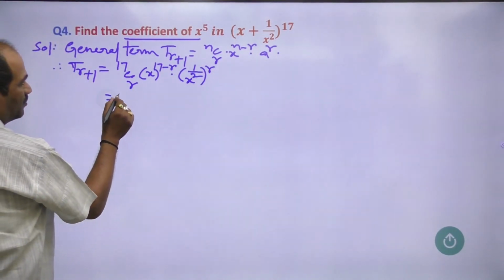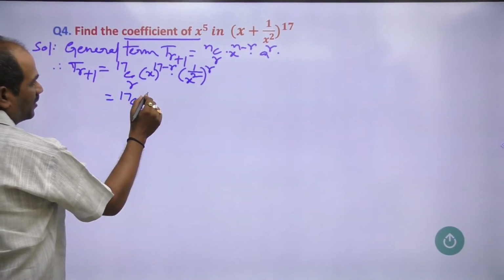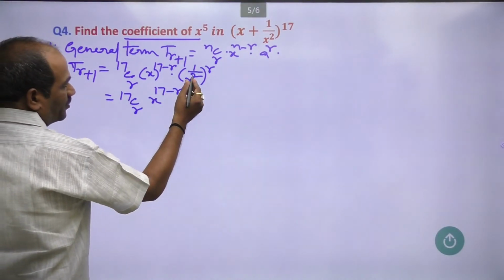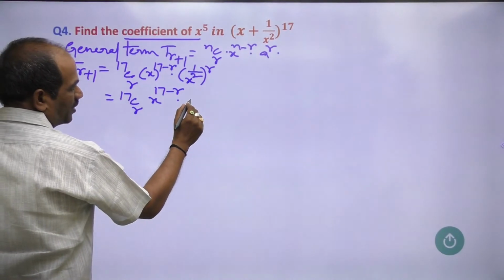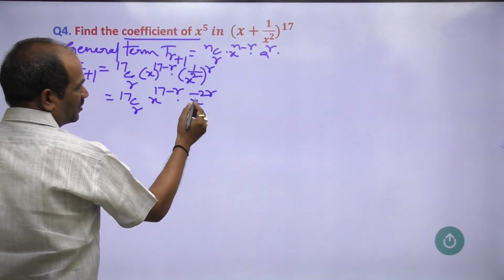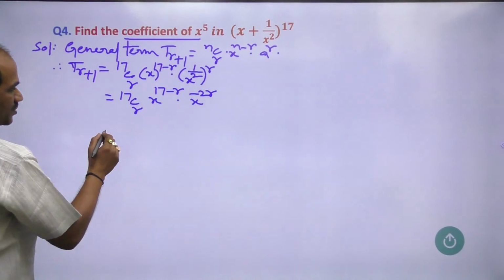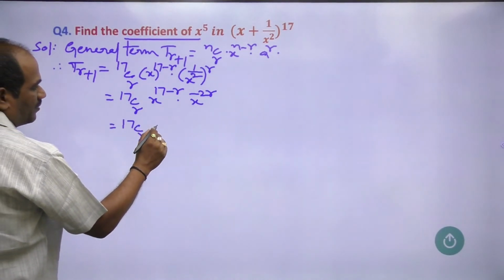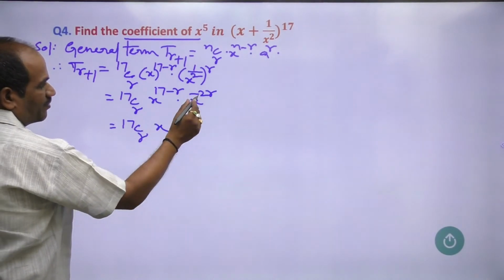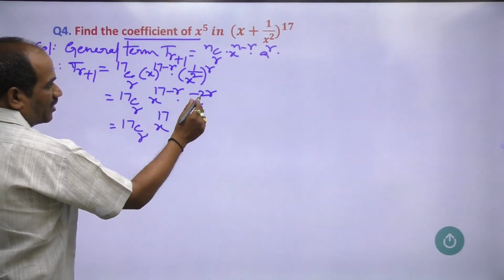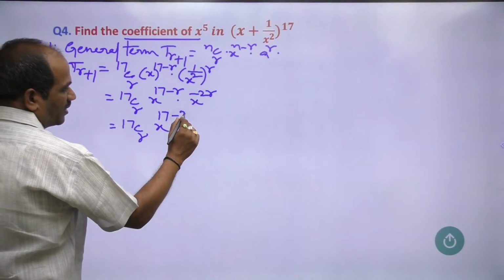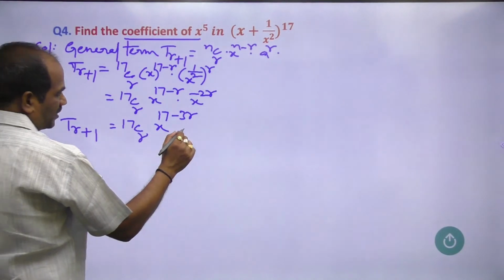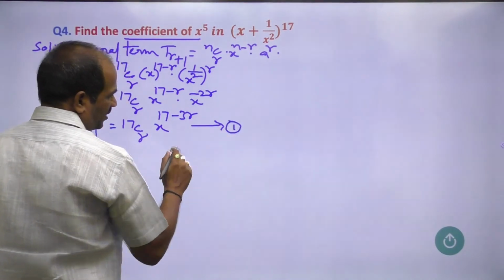That is equal to 17Cr into x power 17 minus r into 1 by x power 2r, and 1 by x power 2r is x power minus 2r. Bases are equal, so adding powers: 17 minus r minus 2r, that is 17 minus 3r. This is equation number 1.